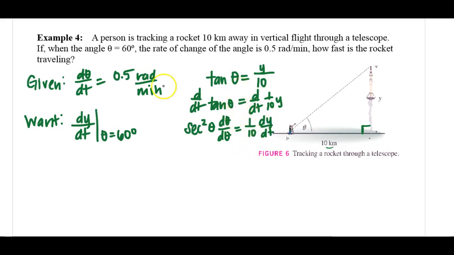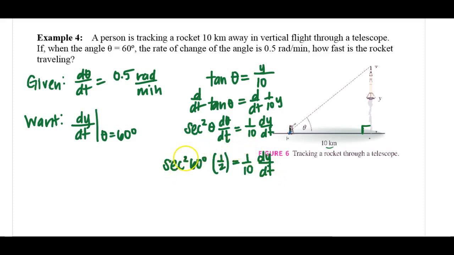I'm interested in finding dy dt, so I need to substitute something in for theta and d theta dt. So secant squared theta, where theta is 60 degrees, times d theta dt. Whoops, that's supposed to say d theta dt, and it says d theta, sorry about that. d theta dt is 0.5 radians per minute, which I'm going to rewrite as 1/2. And that has to equal 1/10 dy dt.